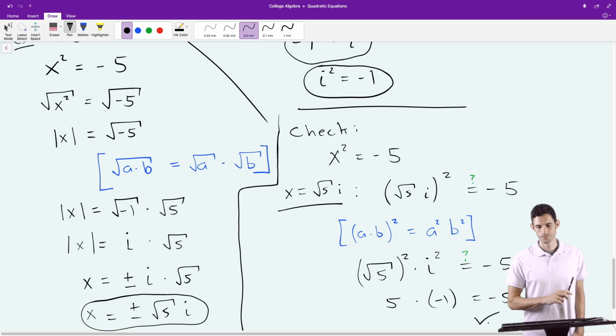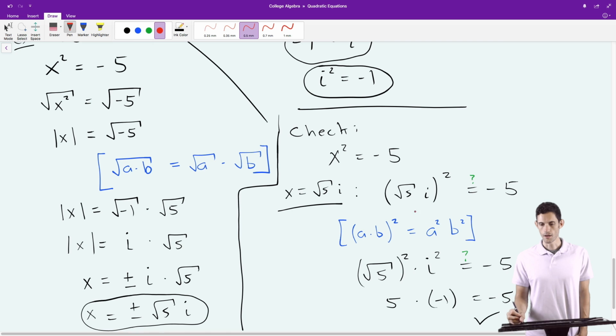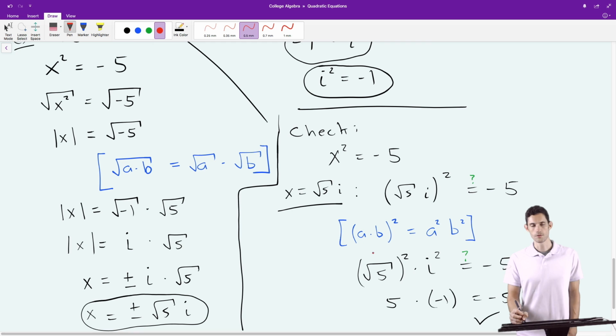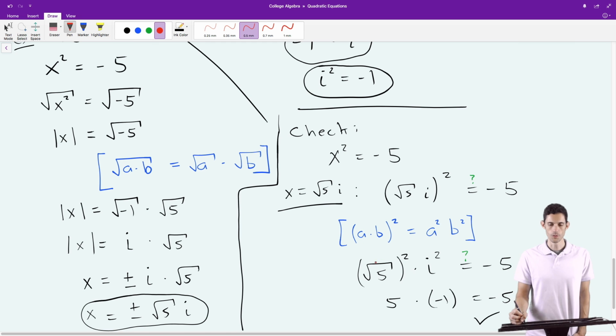And the other solution will work out just the same way. You would have a negative sign here. The negative would get squared. -1 times -1 is 1, so it would kind of just go away at this point, and you'd end up with the exact same equation at the end.